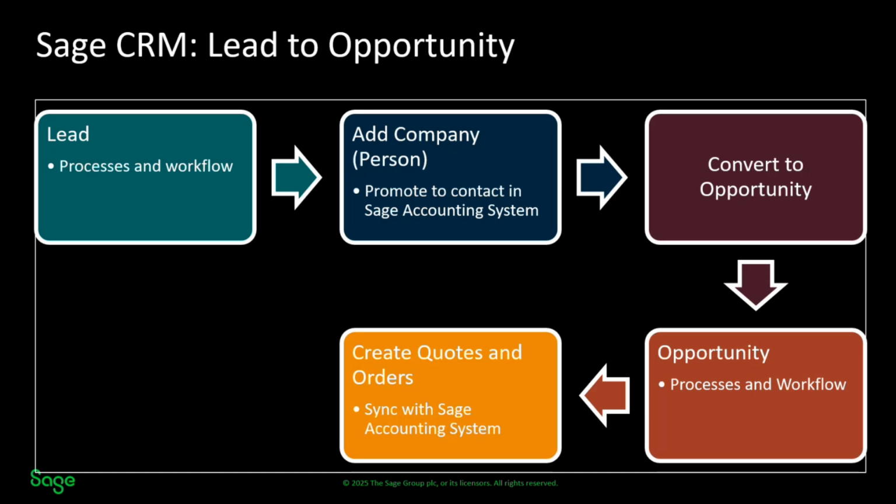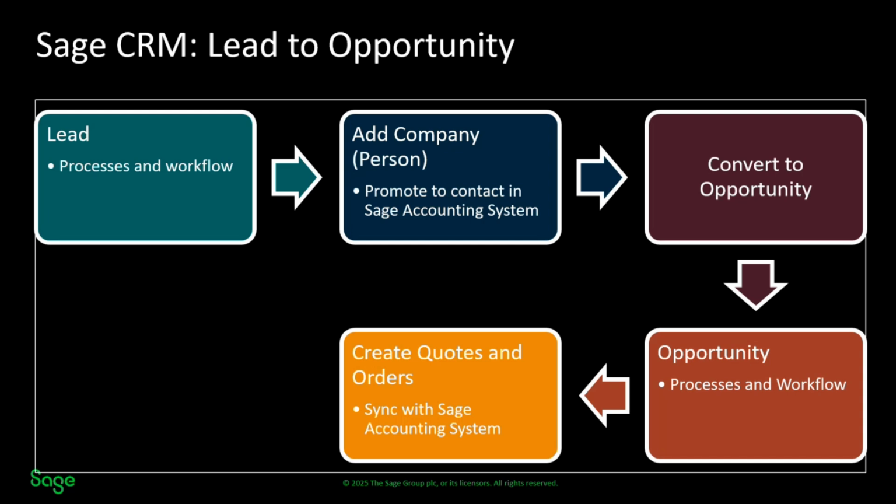So what we've seen is that we've tracked a lead through its process in its workflow to the point in which all of that suspect data results in the creation of a company and a person. We've looked at the promotion of the contact potentially into the Sage accounting system, because that is part of the nature of Sage CRM. We look at the idea of converting into an opportunity.